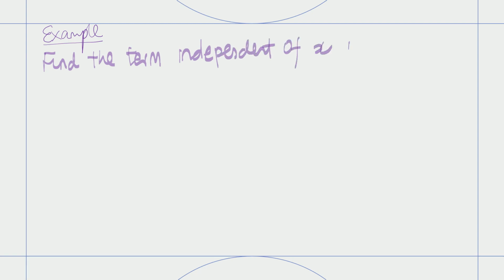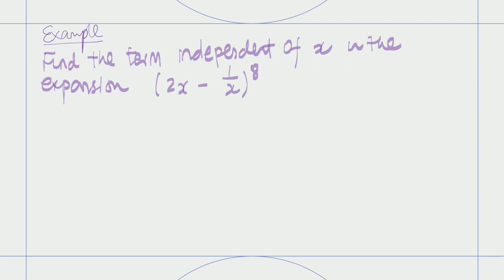For example, we may have a question that says find the term independent of x in the expansion of (2x minus 1 over x) to the power of 8.